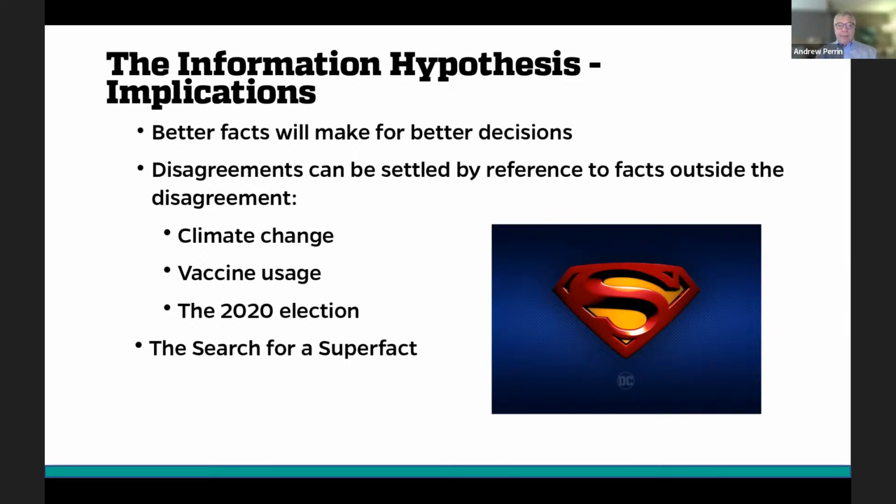And because of this set of ideas in the information hypothesis, many people engaged in arguments tend to be searching for what we've decided to call a super fact. And a super fact is that one piece of undeniably true information that is totally factual and at the same time demonstrates conclusively and without a doubt that one's opponent is not just incorrect, but morally wrong.